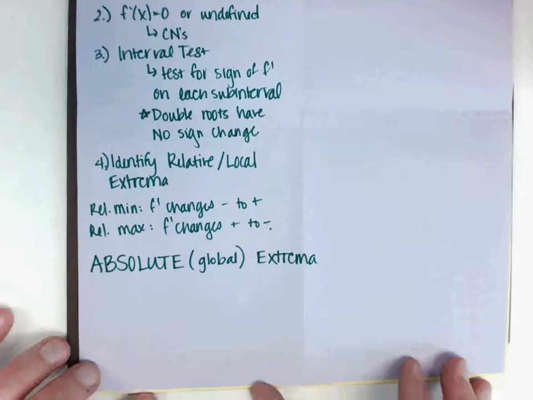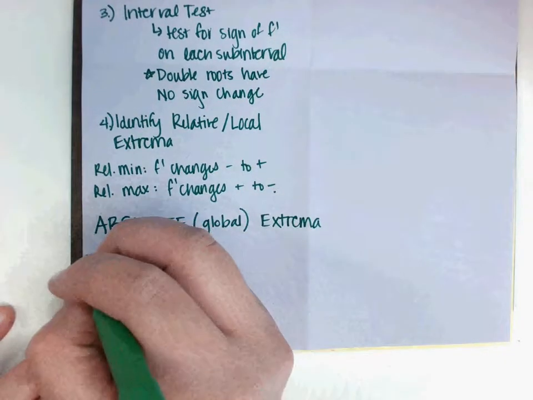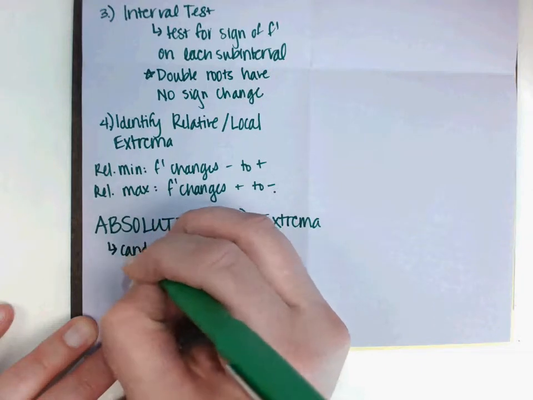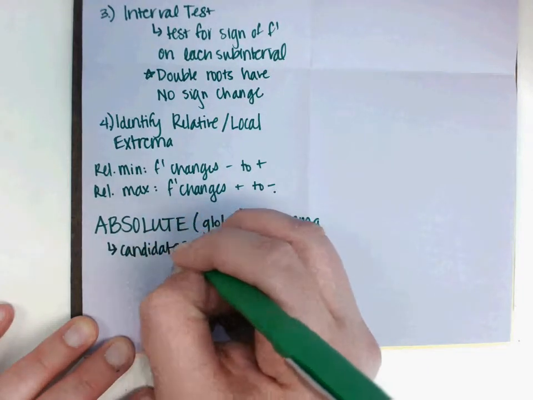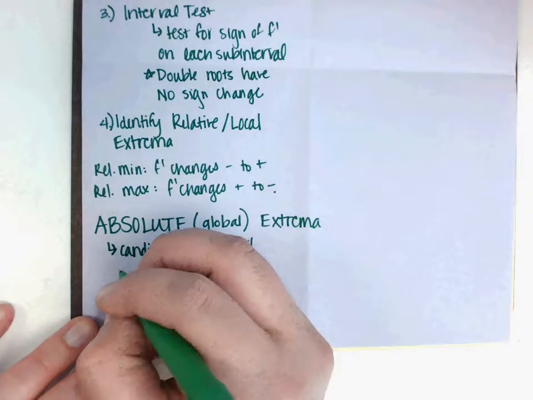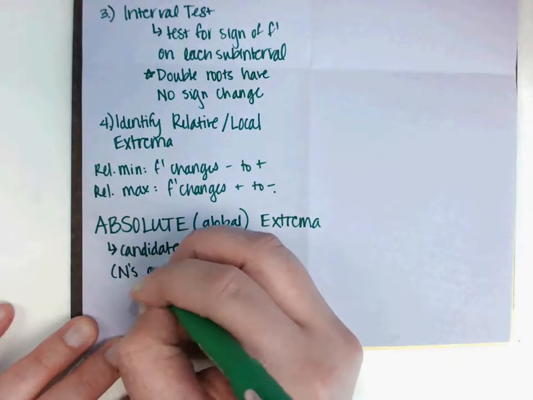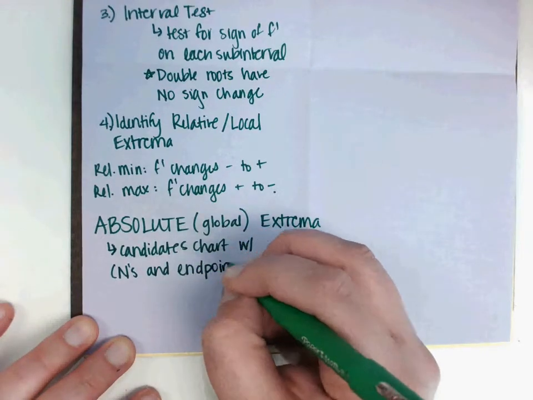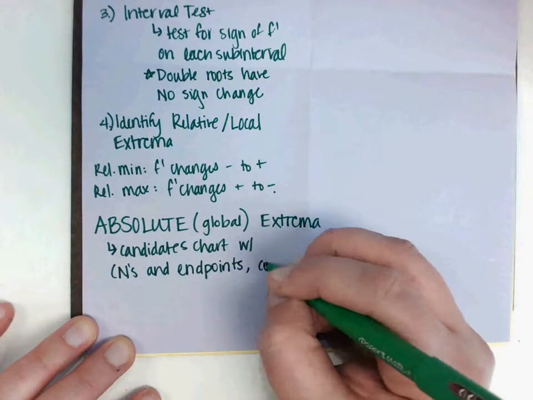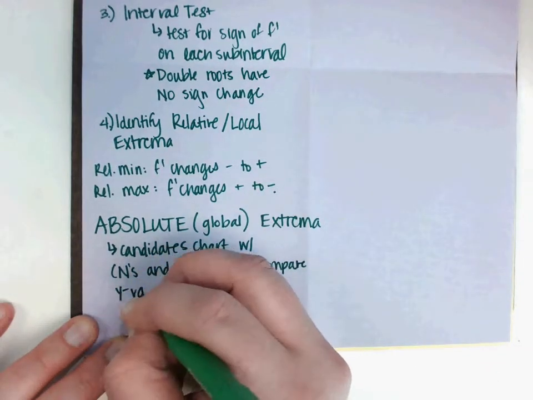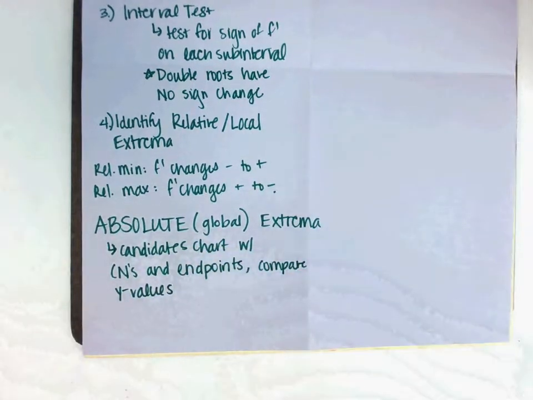For absolute or global extrema, you do a candidates chart, with your critical numbers that you would have found and your endpoints. And you're comparing the y values, which means that you're plugging back into the original.